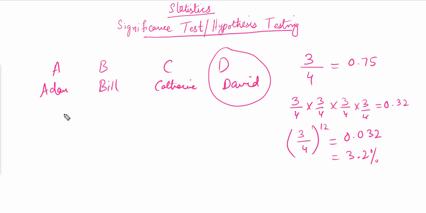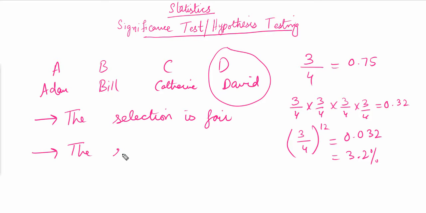In this case our initial assumption is that the selection is fair, and if the percentage drops below, let's suppose, 5%, then we will say that the selection is not fair, or there is some cheating going on in the selection.